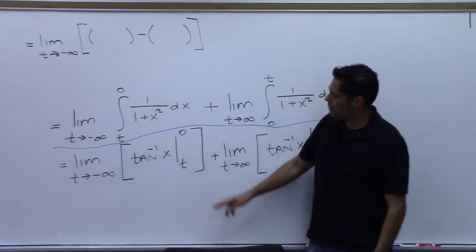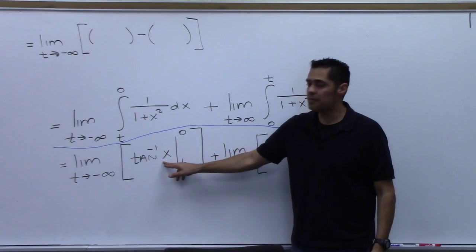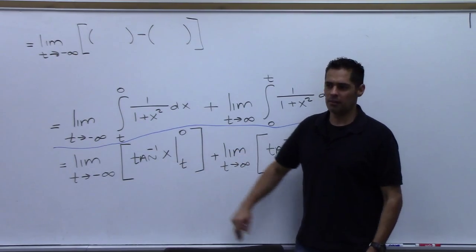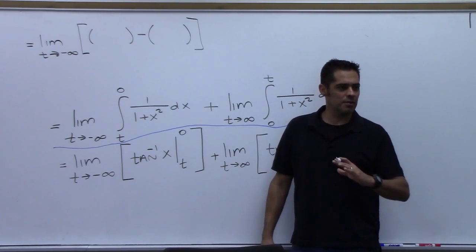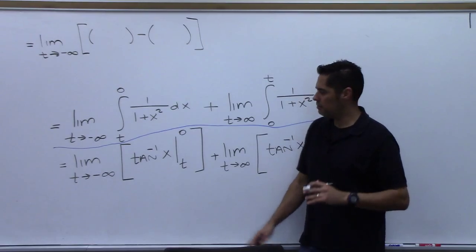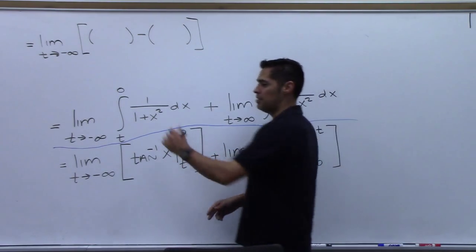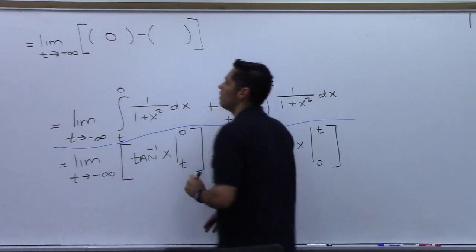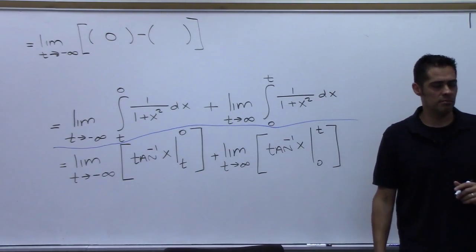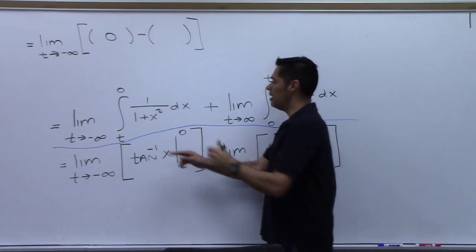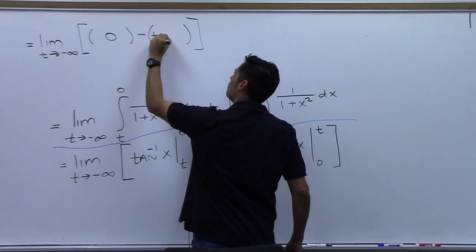So what would happen if I plug 0 in here? Arctan of 0. 0. Remember at the very beginning of class we talked about inverse trig functions? So you need to understand inverse trig functions now. Arctangent of 0 is 0. What is the angle that gives you 0 in the tangent function? All right, now plug in t. You just get arctan t, don't you?